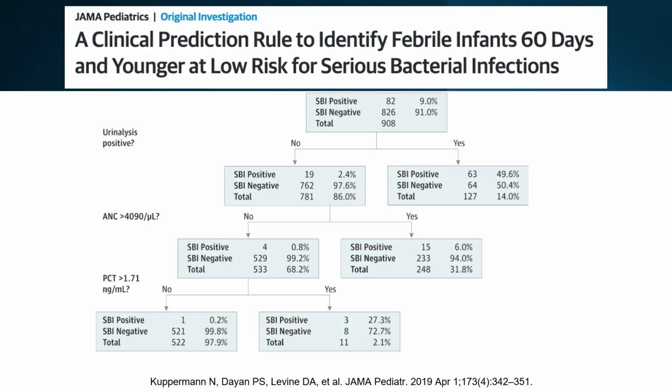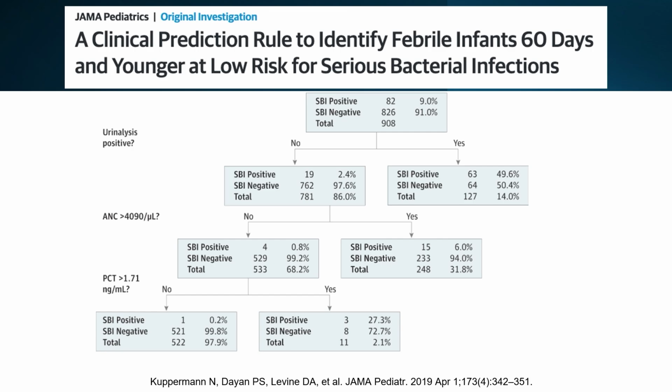You can think, you start at the top of the tree, it's sort of an upside-down tree. 9% or so of these kids had a serious bacterial illness, meaning urinary tract infection, bacteremia, or meningitis, or some combination of the above. Many of them have a urinary tract infection, so that gets you to that right-hand leaf, which they don't really define what low risk is, but certainly 49% is probably high risk, but possibly less severe than certainly meningitis.